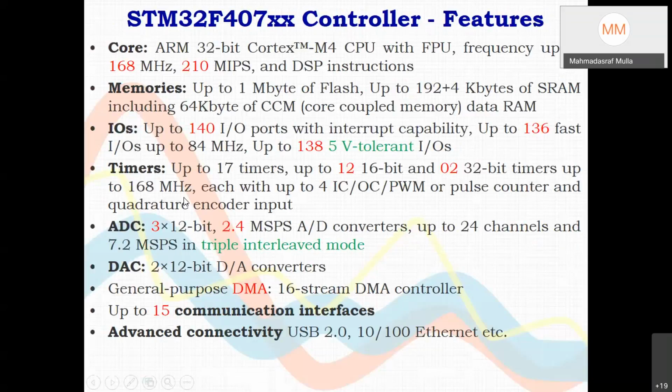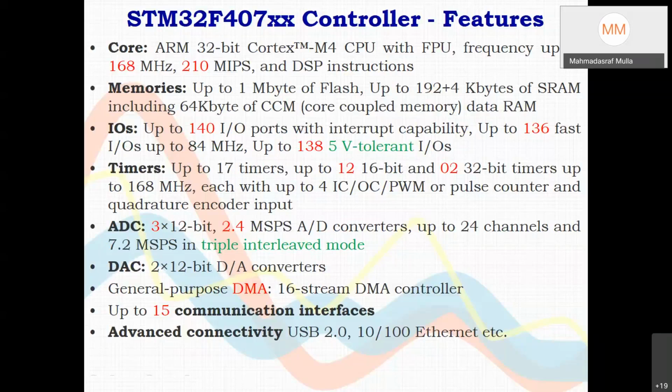We require ADC to connect all these voltages, currents, DC link voltage. So a total of 3 ADC units, 12 channels are available, so we can connect them. A number of timers for calculating these gate pulses and other timing requirements. 17 timers this controller has.